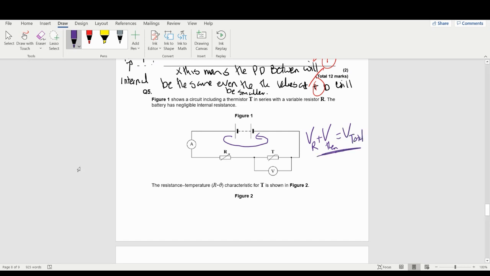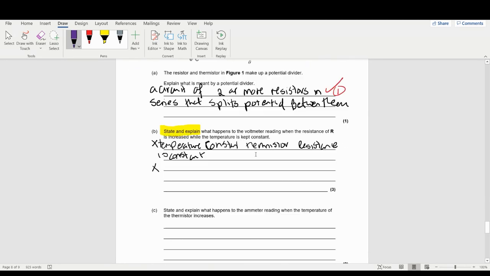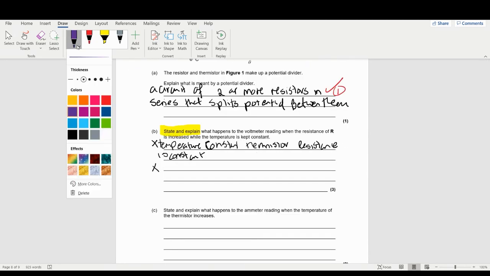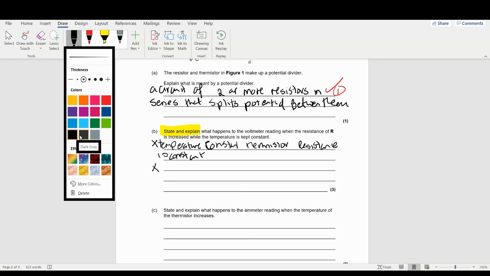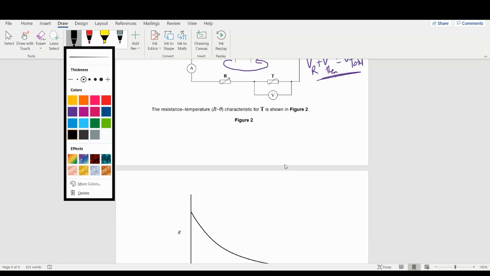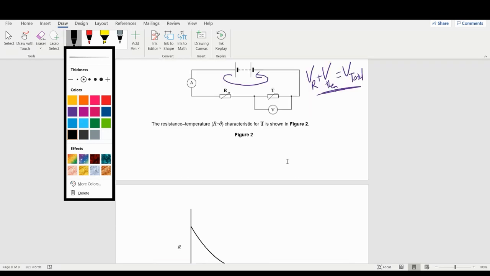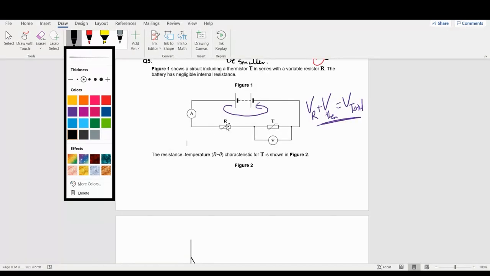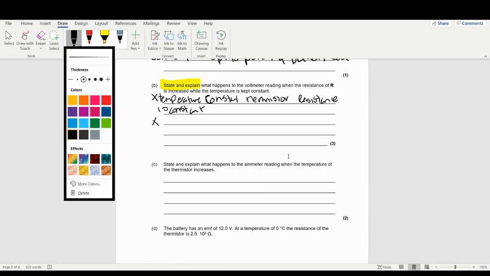So if one of them is staying the same, the resistor is going to go up. This is quite important. The voltmeter is across the thermistor. So if the voltage across R is going to go up, this means the voltage across T is going to go down. Temperature constant all through, so the resistance is constant.